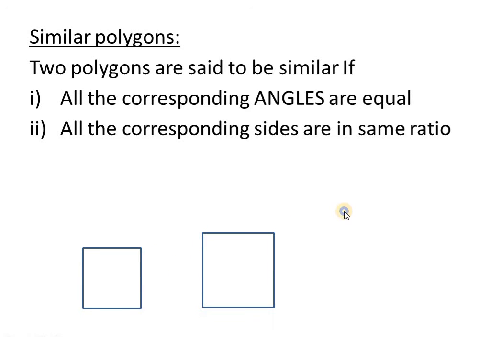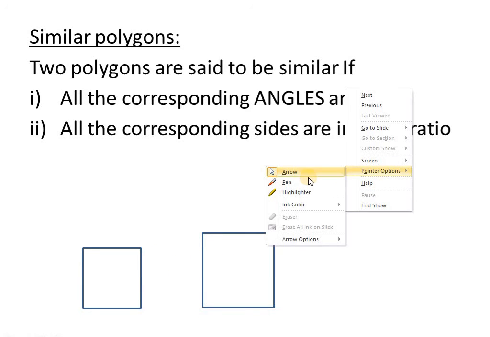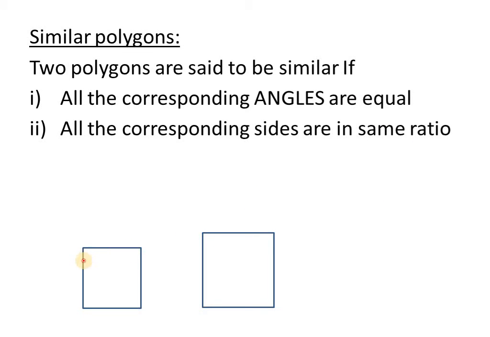Let us take two figures. In these two figures, the corresponding angles are equal. This angle corresponds to this angle, and for this angle the corresponding angle is this one, and for the fourth angle it is this one.